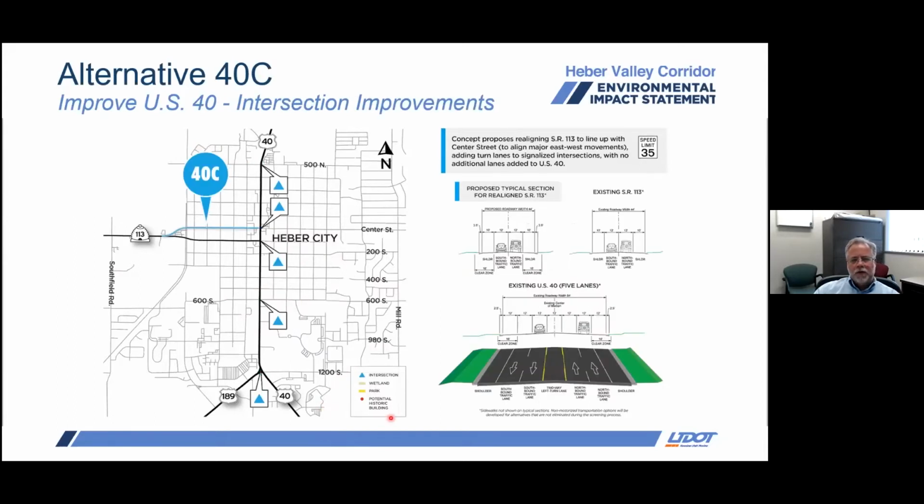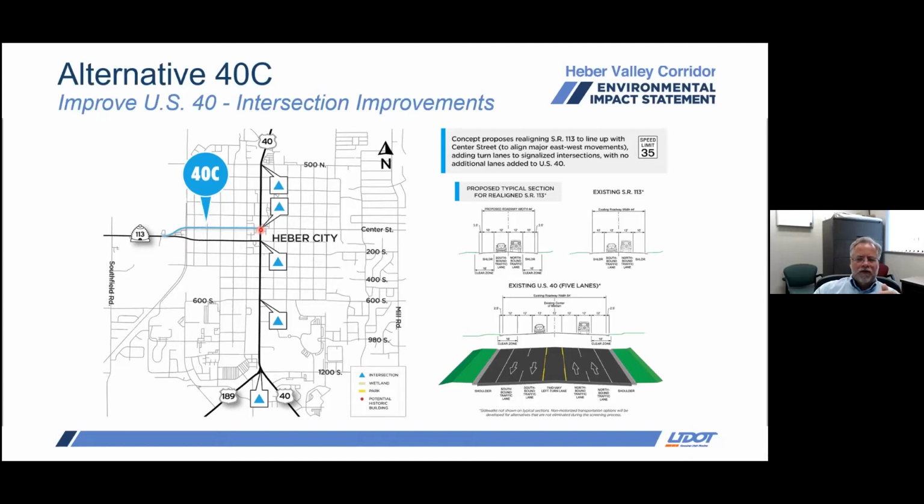So our next alternative is alternative 40C. With this alternative, we also make improvements to the signalized intersections as well. In this case, the improvements are made by adding turn lanes to each of the intersections. And once again, we've highlighted those intersections where the improvements will be made with these blue triangles. Also, with this alternative, we are proposing that SR 113 would be realigned to tie into Center Street so that the main east-west movements would align at a single intersection.